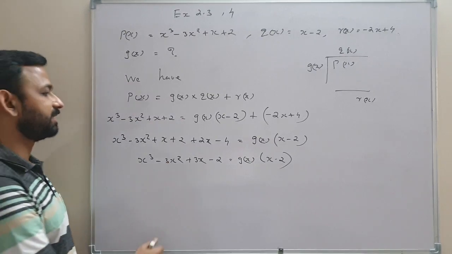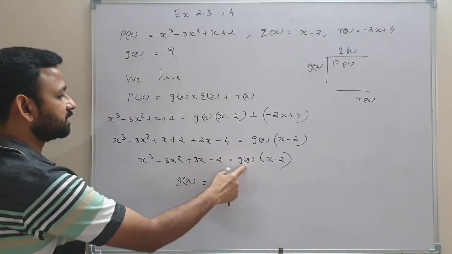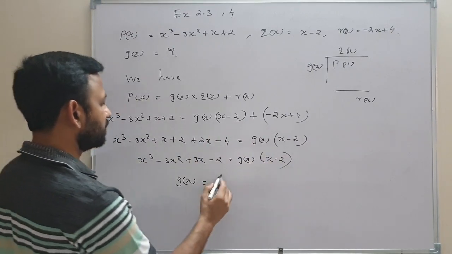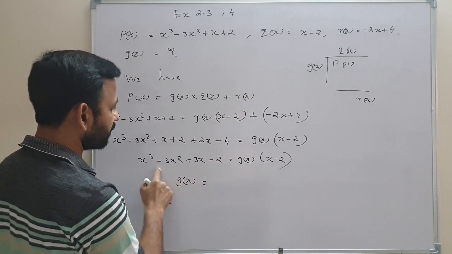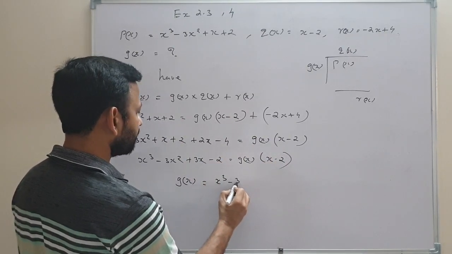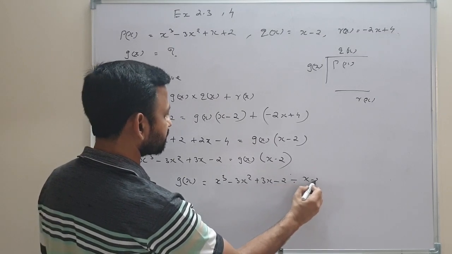Now we have to find g(x). Therefore g(x) is equal to this polynomial divided by x − 2. When we divide this polynomial by x − 2, we will get g(x). That is x³ − 3x² + 3x − 2 divided by x − 2.